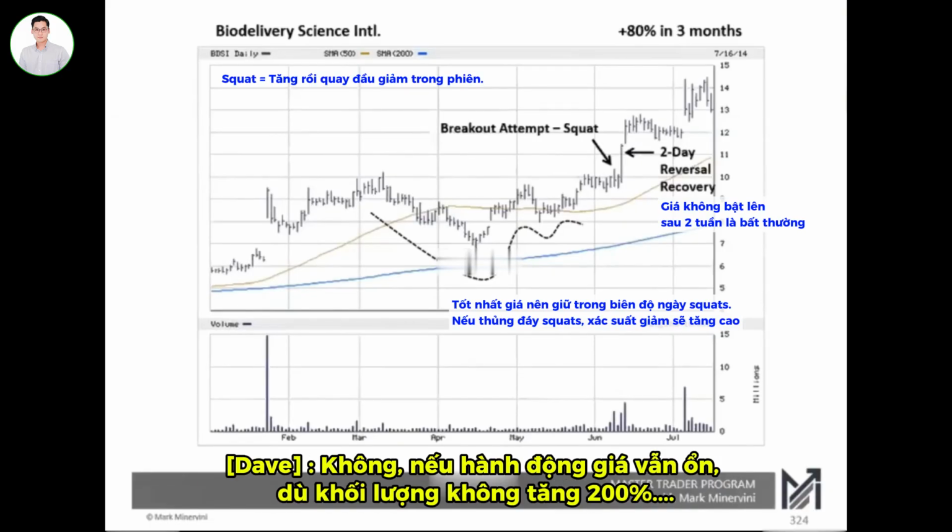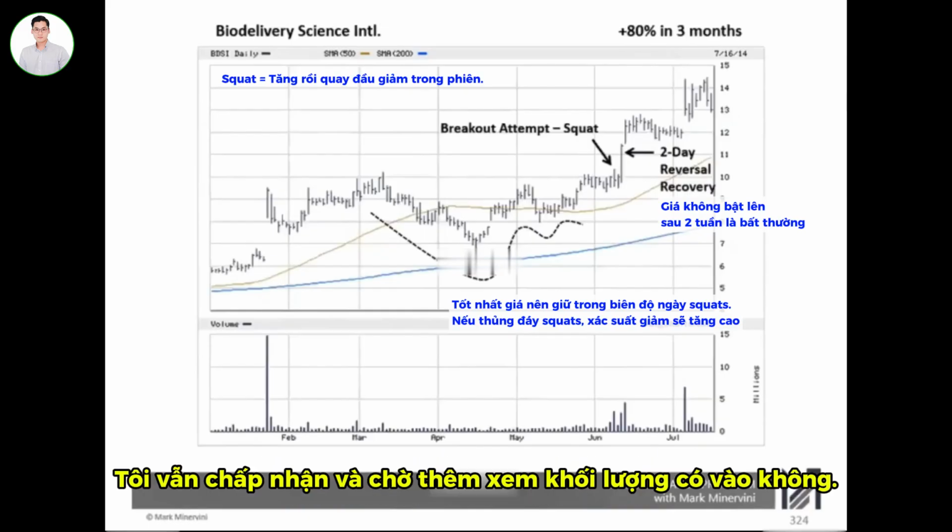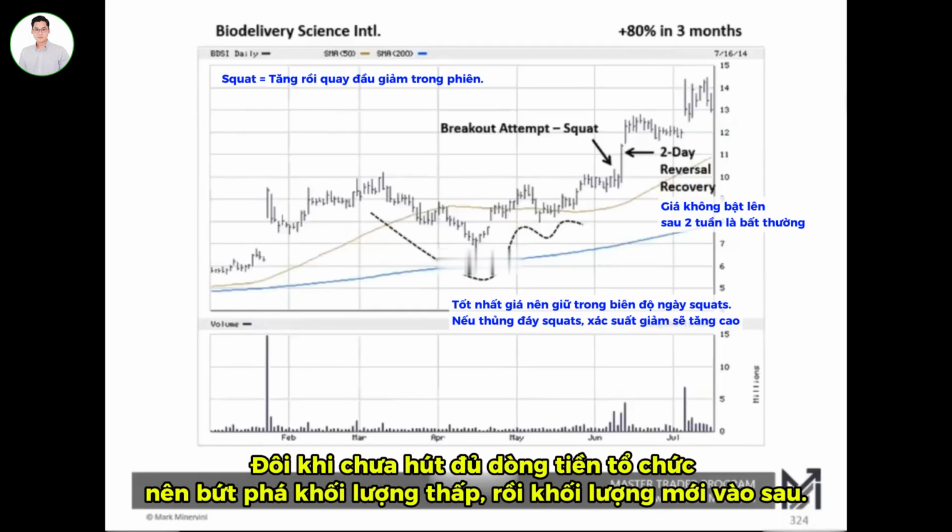No, if the technical setup, if the price action is fine, and it doesn't get a 200% increase in volume, then I'll be okay. I'll give it time to see if that volume comes in. Sometimes you just don't attract as many institutions as you would like.